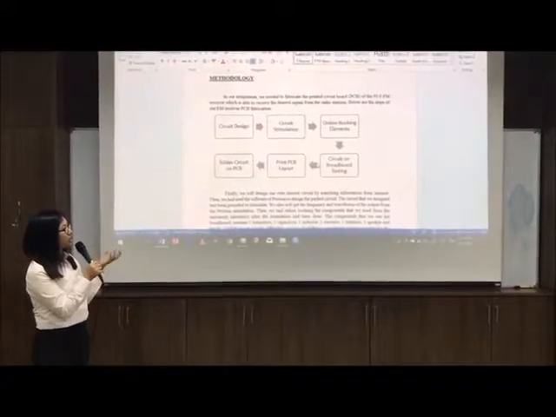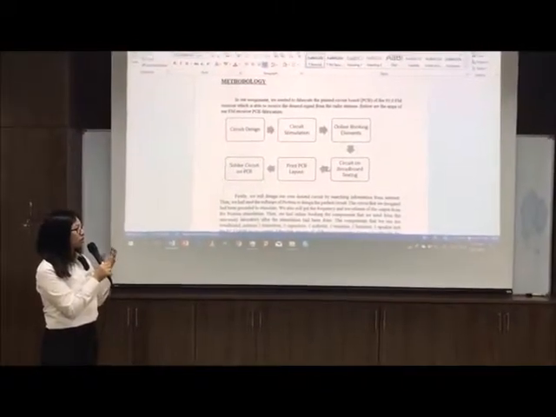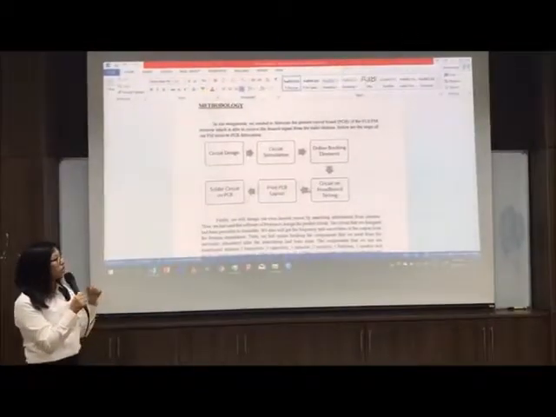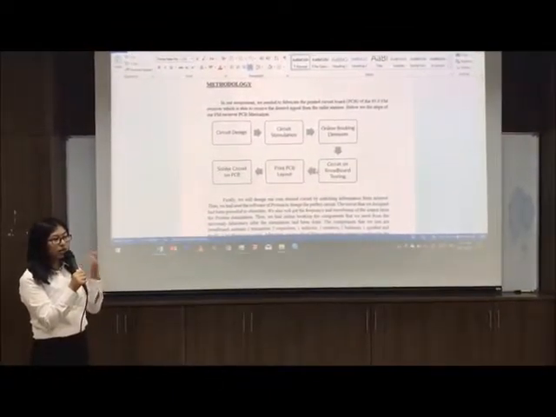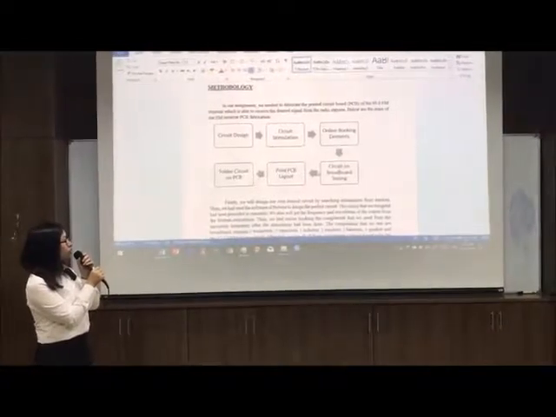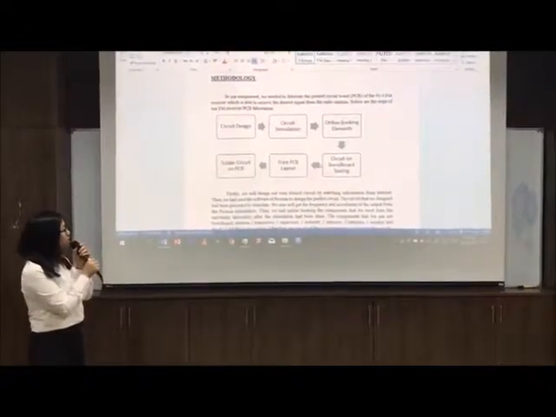Next, we test our circuit on the breadboard, and after testing we print our PCB circuit layout, and the last step is to solder our circuit on the PCB.